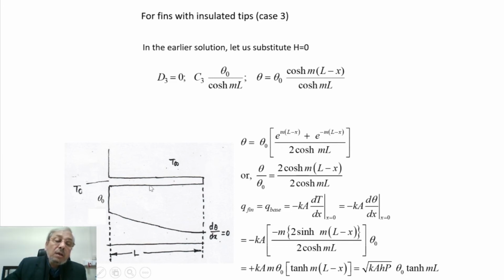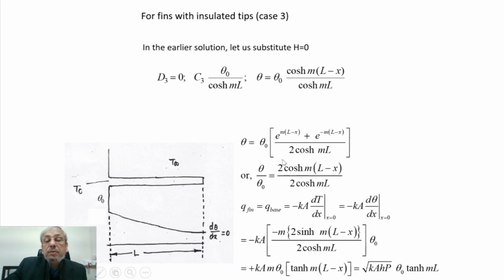So along the length, everywhere through the extended surface, there will be heat transfer and the temperature will come down, but at the end d theta/dx is 0. So here it is theta naught, here d theta/dx is 0, and the theta distribution along the length is something like this.